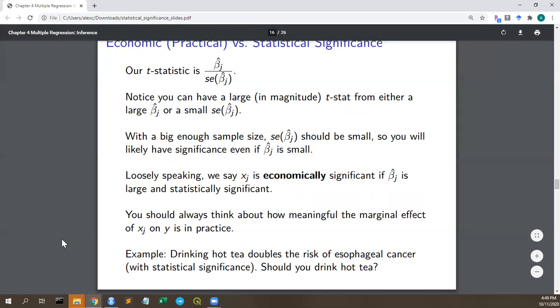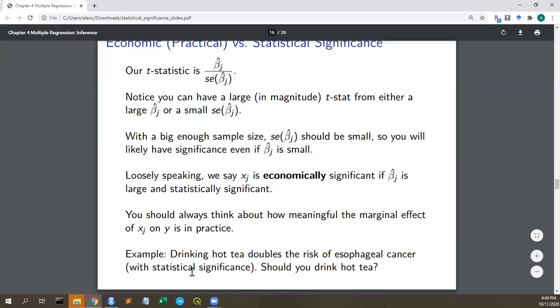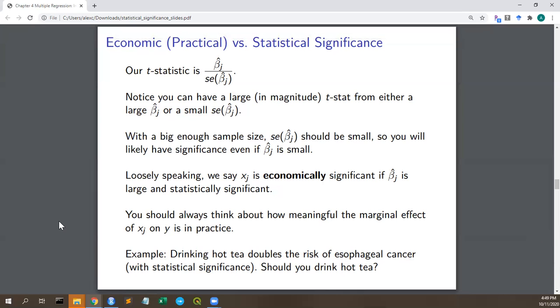In this example, drinking hot tea doubles the risk of esophageal cancer, I think that's cancer of the esophagus, with statistical significance. Should you drink hot tea? Well, if it's doubling your risk, it depends on what the baseline risk is. If that baseline risk is 5% and all of a sudden it's doubling to 10%, that's a big deal.